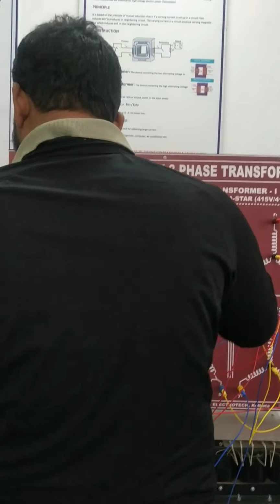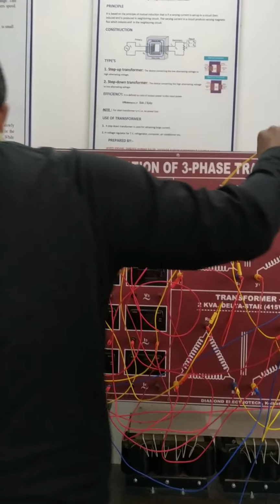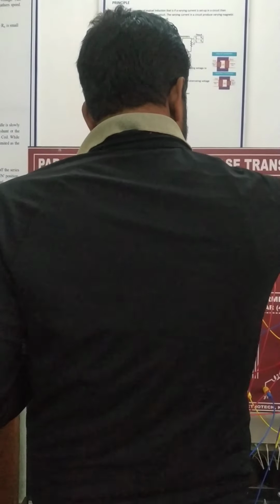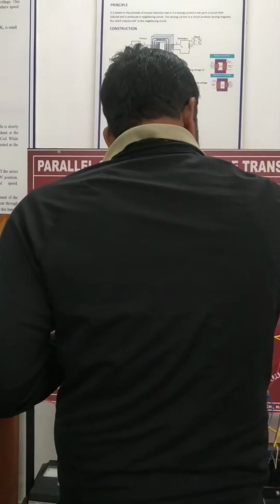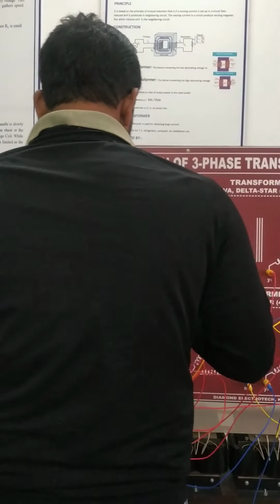This one, can you find transformer 1? I think it is not clearly visible. Yes, sir. The upper part is transformer 1 and the lower part is transformer 2. Okay.